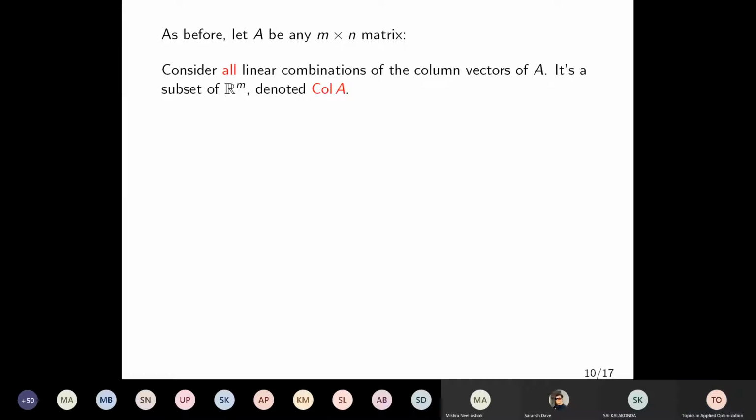We are thinking about vector spaces. One of the important vector spaces is the so-called column space of A. It is all linear combinations of the column vectors of A. So the column space of A is nothing but the span of the column vectors: the first column vector, the second column vector, and so on.